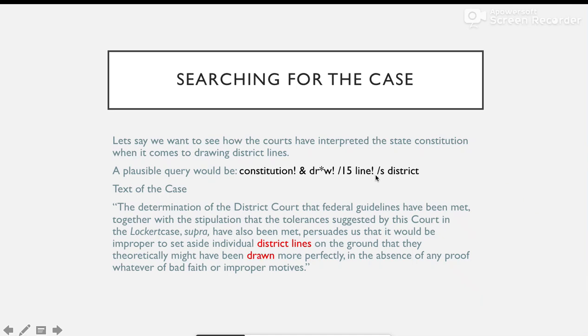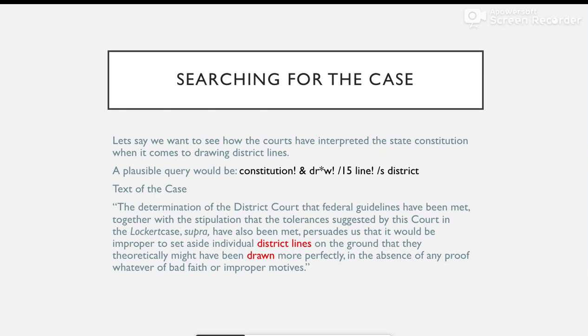And the same thing with line, which has to be within the same sentence as district. So there is flexibility in exactly how far they are away from each other, but they do have to be close. So looking at this paragraph, we see that this is a good example.